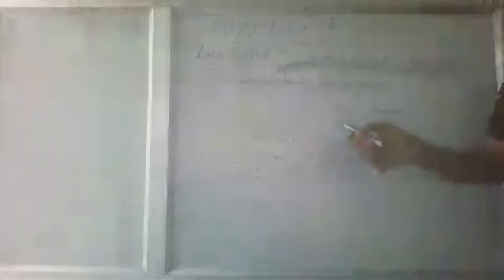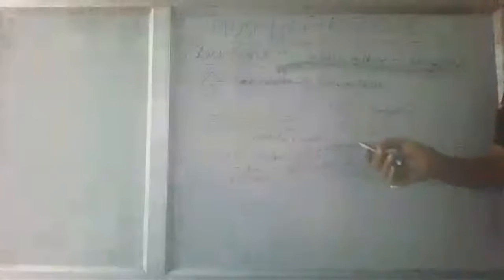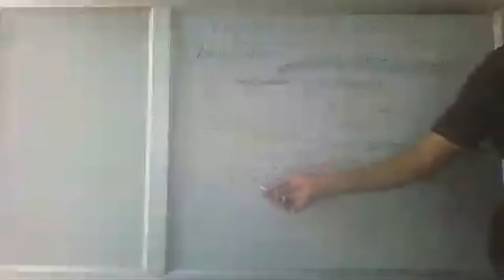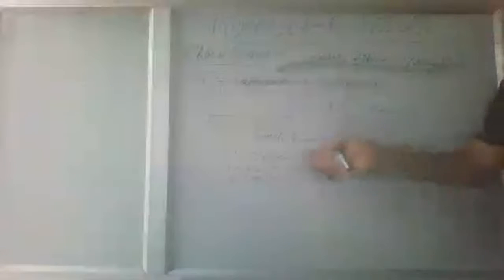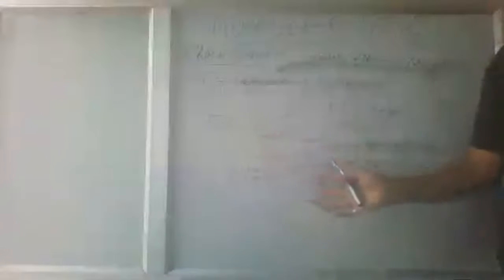Now the third type is the cardiac muscles. As the name suggests, this is found in the heart of the human being. These cardiac muscles have a different nature from the striped and unstriped muscles.